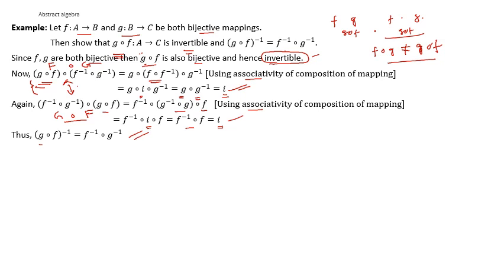So yes, we have to show both ways that F inverse composition G inverse is actually the inverse of G∘F, this mapping.